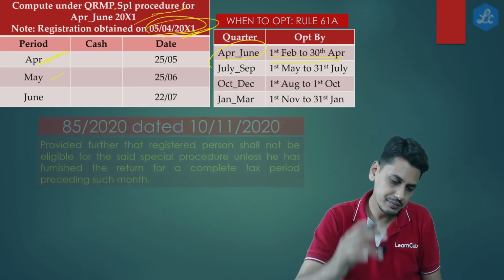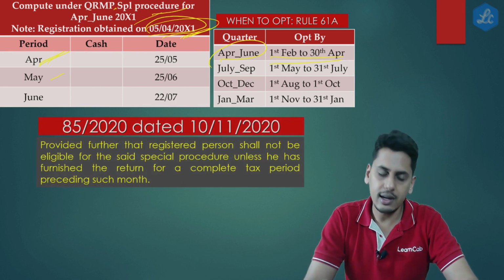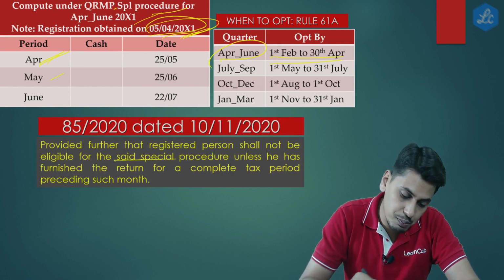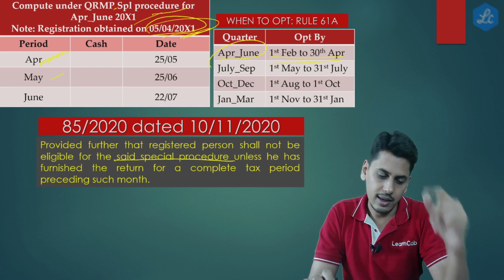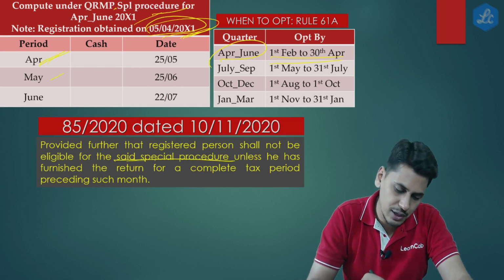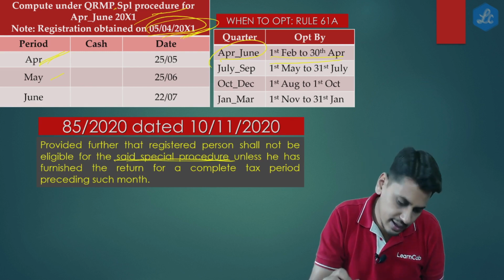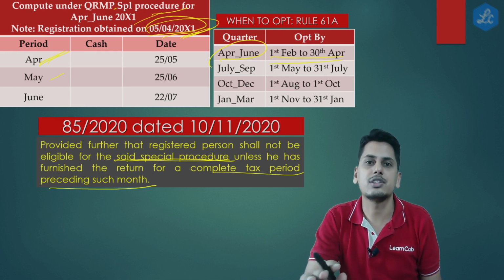So therefore friends, the notification further reads, provided further that the registered person shall not be eligible for the said special procedure. It doesn't say will not be eligible for QRMP. He will not be eligible for the said special procedure, the fixed sum procedure, unless he has furnished the return for a complete tax period preceding such month.